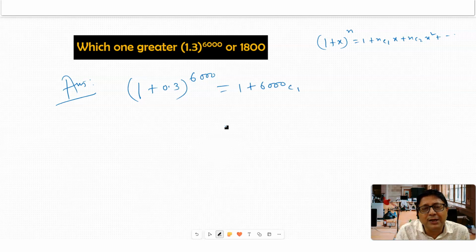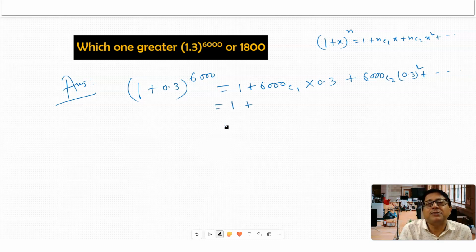6000c1 into 0.3, this will give you 1800. If you write 6000c2 0.3 square, not required actually, just expand. This is 6000 into 0.3, that is 1800, plus a positive term.